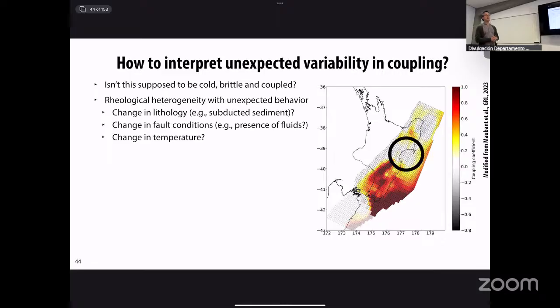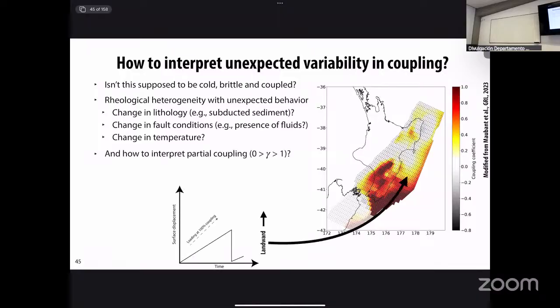Maybe there's very different amounts of sediment that gets entrained into the subduction, depending whether you're in the northern or southern part of the Hikurangi subduction. You might have fluid that might be subducted with those sediments, or metamorphic dehydration reactions that might release fluids, and that might change the frictional behavior of the interface. Or maybe just the temperature is different because the spreading rates are different and you have a different temperature of the slab that goes down.